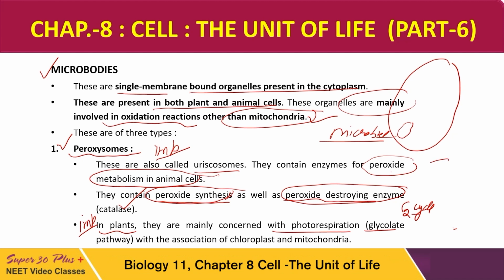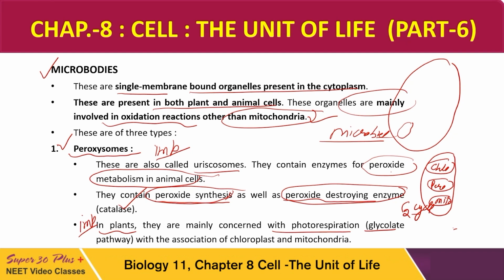One organelle is the chloroplast, another is the peroxisome, and the third is the mitochondria. These act as a unit, and are responsible for photorespiration.